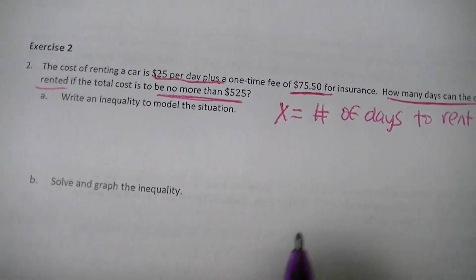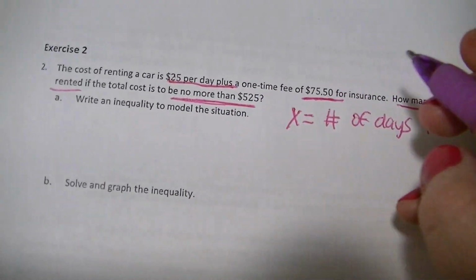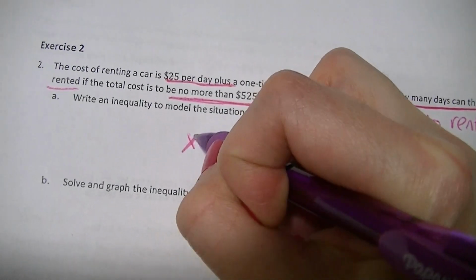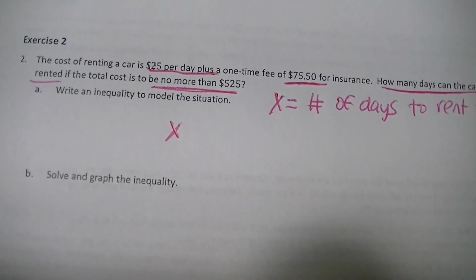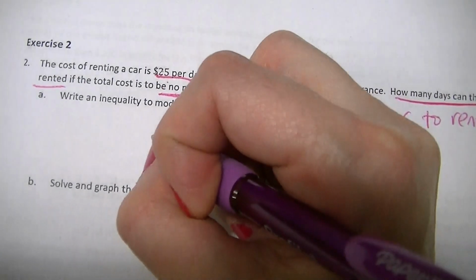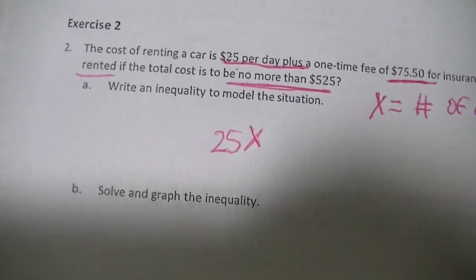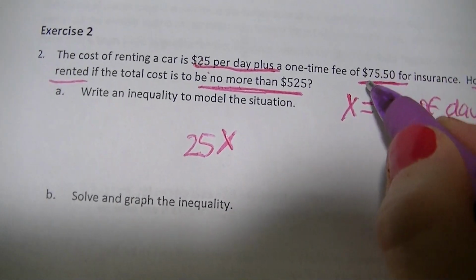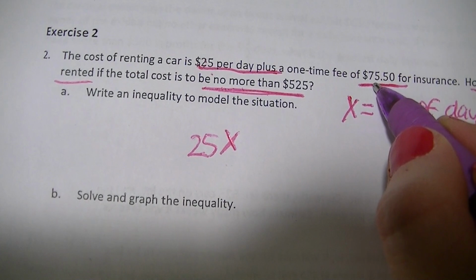All right, let's go ahead and build it. Okay, we start with the number of days. And how much does it cost per day? $25. And what else do you have to pay? Just that one-time fee of $75.50.